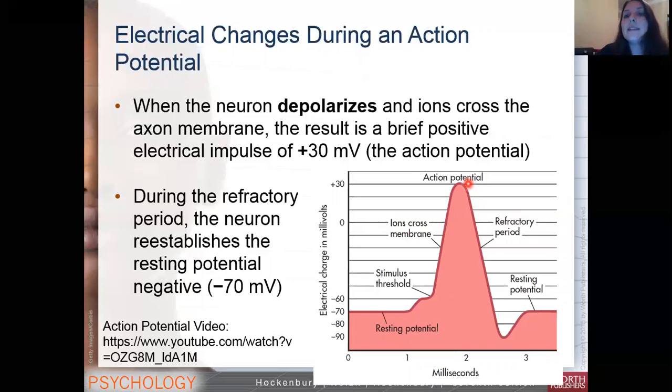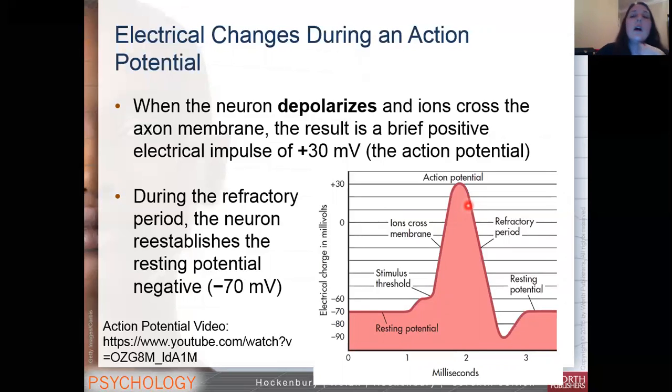Well, at this point, it's got to get back down to that resting state because it can't stay at this +30 forever. And so this enters what we refer to as the refractory period. So this refractory period here is in essence when all the sodium ions are kicked out of the cell, okay?